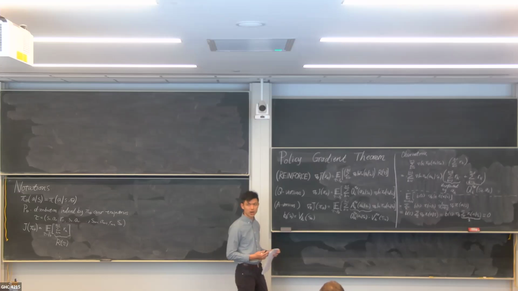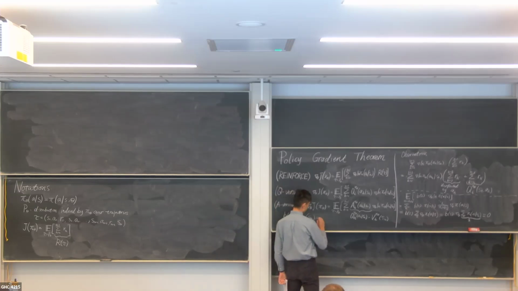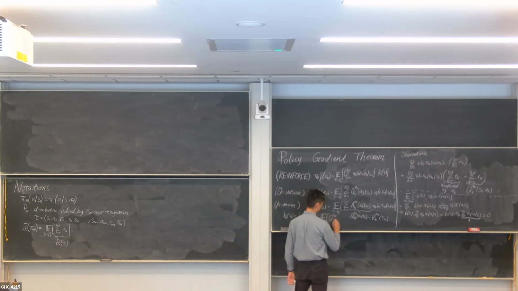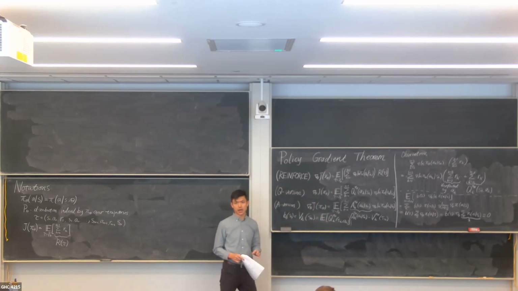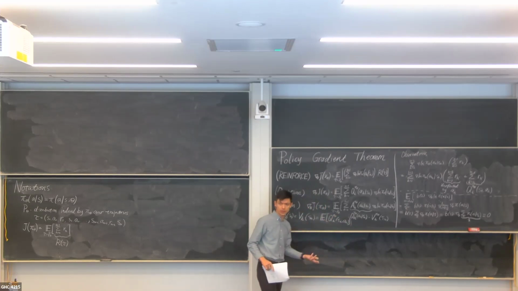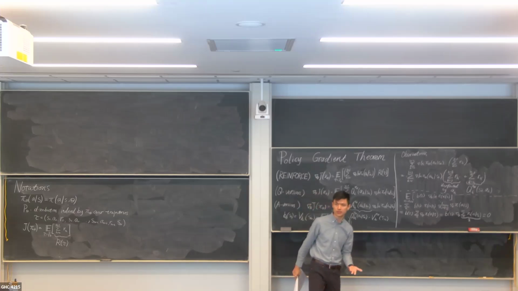There's some intuition why this is a good choice of baseline. One idea is that this is really the expectation of the action value. It is saying, what is the average action value with the action being chosen randomly from the current policy?